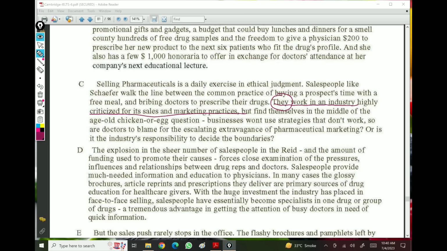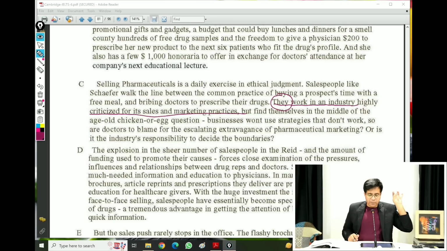If you read before, paragraph C, second sentence after the full stop: Salespeople like Sheffer walk the line between the common practice of buying a prospect's time with a free meal and bribing doctors to prescribe their drug. They work in an industry highly criticized for its sales and marketing practices.